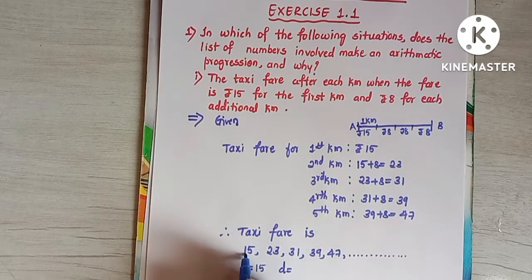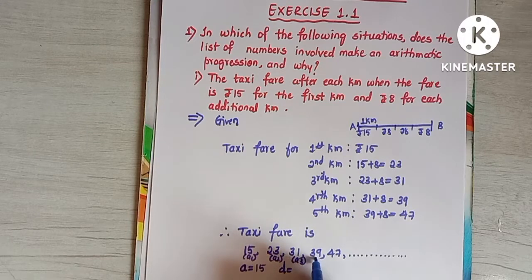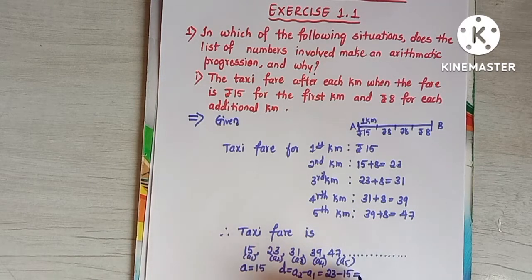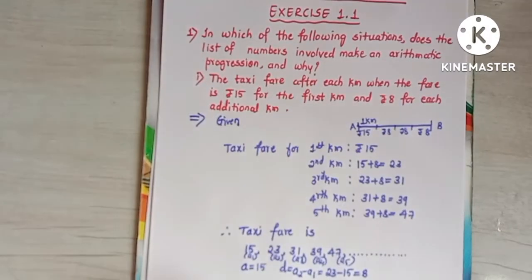So let us take it as a1, a2, a3, a4 and a5. So the common difference d will be what? a2 minus a1. What is a2? 23. What is a1? It is 15. So 23 minus 15 is 8.